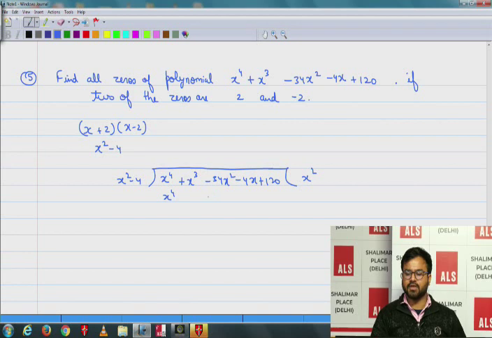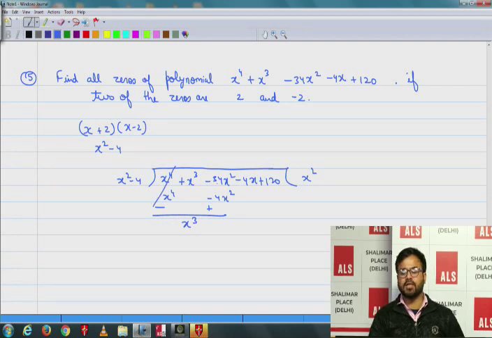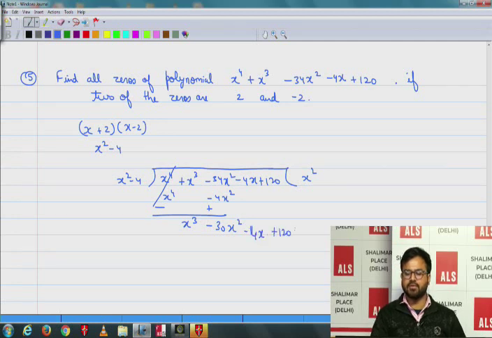minus 4x square. So it will be over here. This would be x cube. This will get cancelled out, and 34 minus 34 plus 4 minus 30x square minus 4x plus 120. Then it would be plus x. So x cube and then minus 4x.